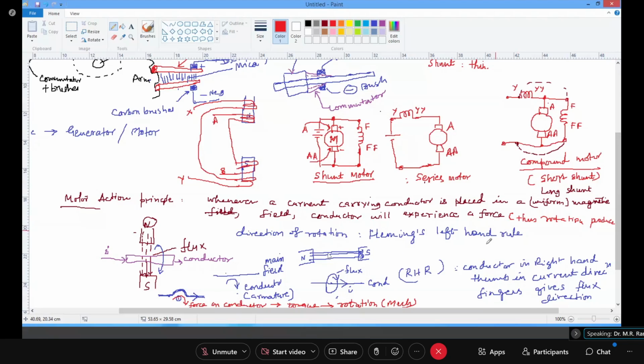So the base principle and how the torque is generated, both should be included as the working of the DC motor, not just the simple principle. This is the basic principle, applicable to all motors. But in a DC motor, how torque is generated is explained like this.